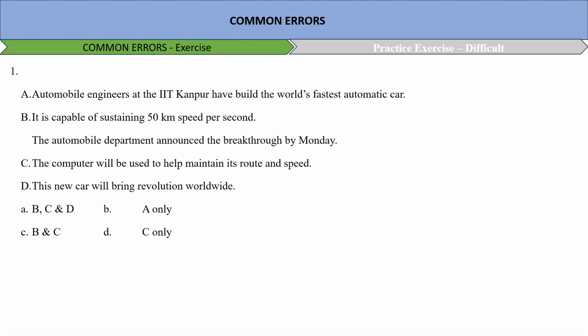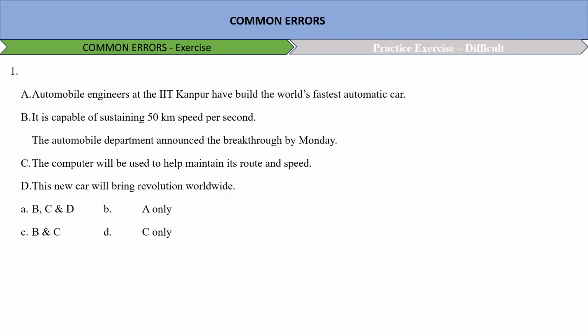The first question says: Automobile engineers at the IIT Kanpur have built the world's fastest automatic car. It is capable of sustaining 50 km speed per second. The automobile department announced the breakthrough by Monday. The computer will be used to help maintain its route and speed. This new car will bring revolution worldwide.